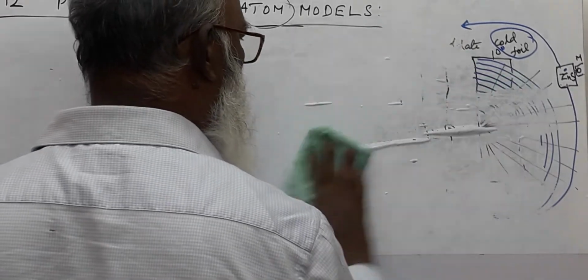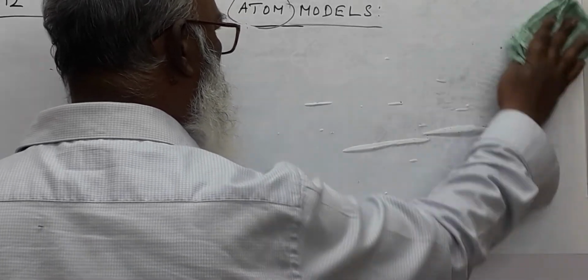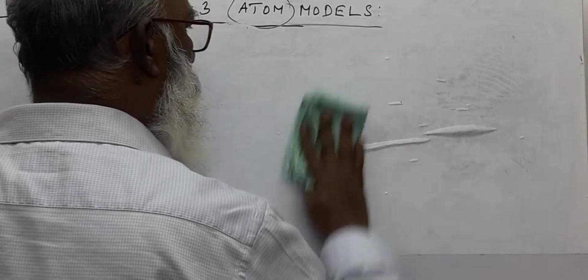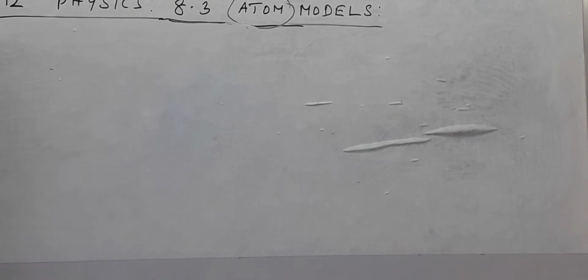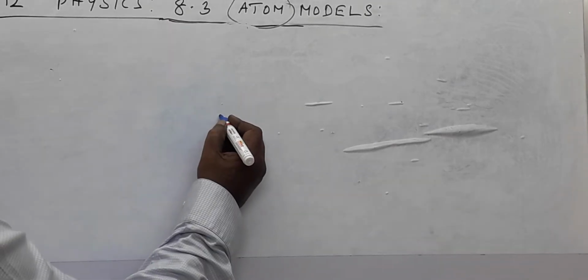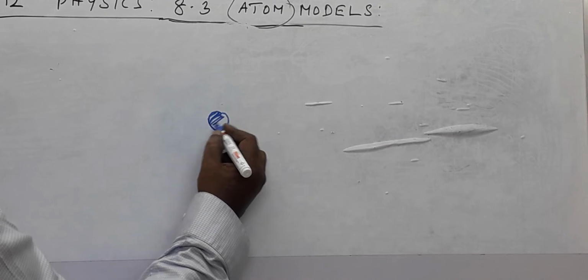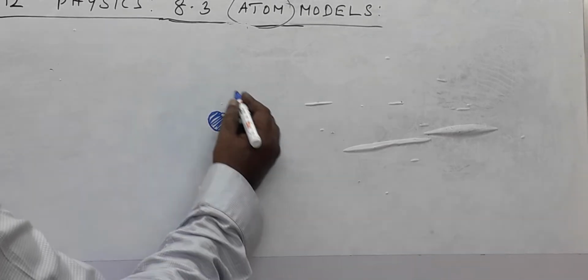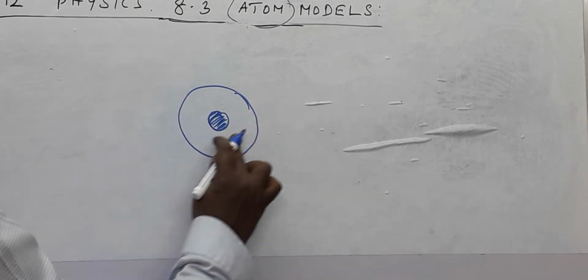This alpha scattering experiment is a very important concept to explain that all the positive charges of the atom are accumulated in the smallest area. All the positive charges of an atom are accumulated or concentrated in a smallest area, that is called the nucleus, whereas the remaining portion is all empty.